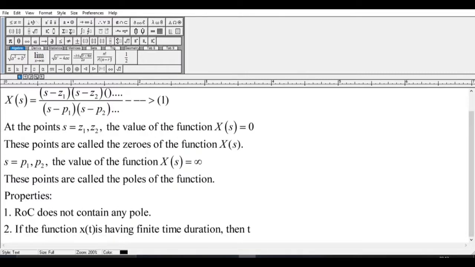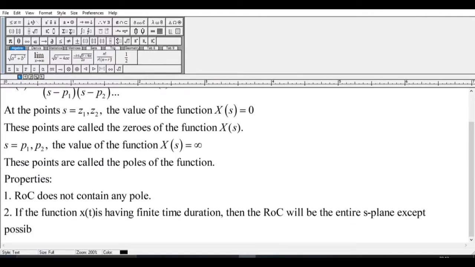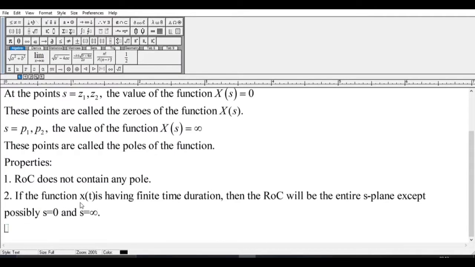These exceptions, s equal to 0 or s equal to infinity, are not absolute. That means depending on the problem, these conditions can vary. For one problem, you can find that it is the entire S-plane except s equal to infinity. Maybe for some other problem, it is the entire S-plane except s equal to 0.